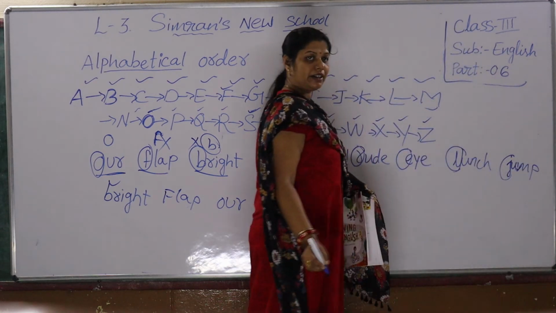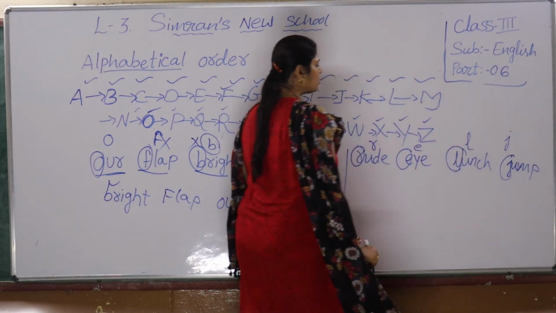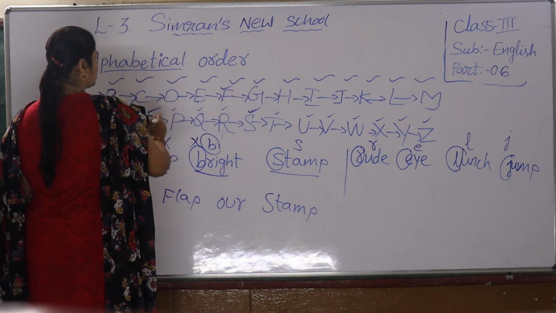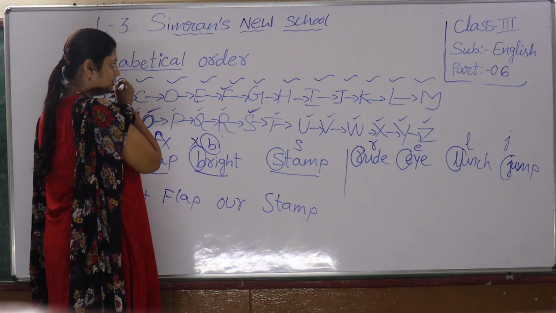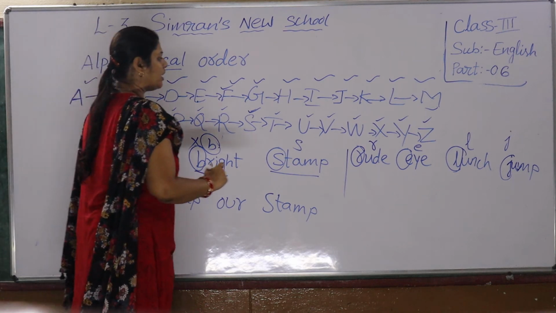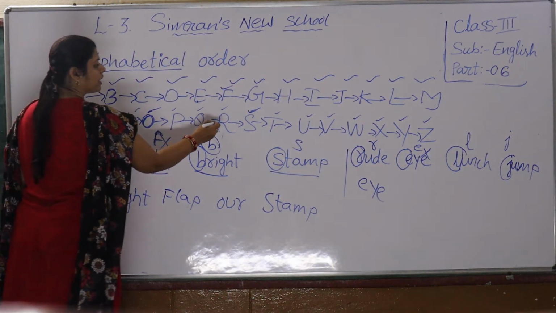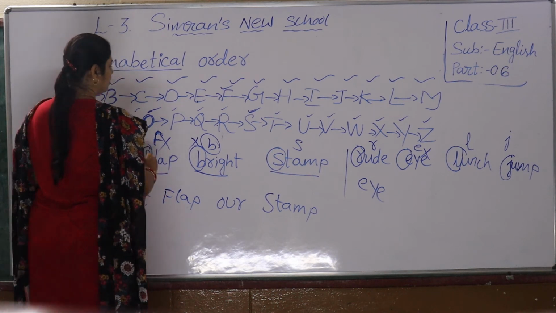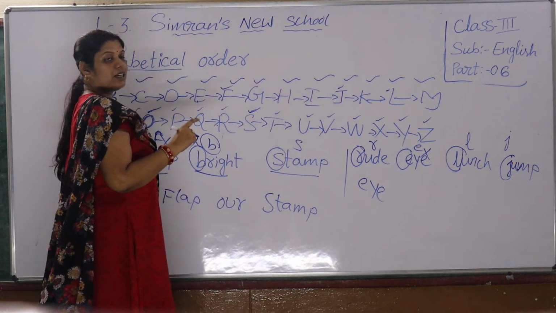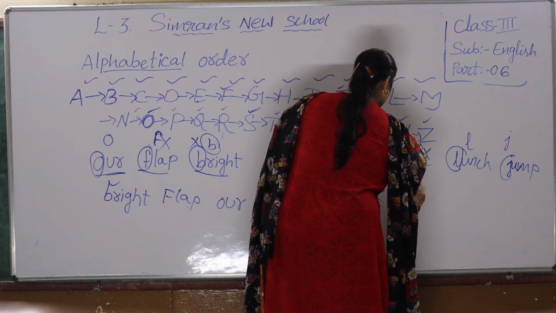If you see here, children, here R, here E, here L and here J. Which comes first? E comes first, so the first word will be E, and it is done. Then R, L, J: where does R come, where does L come, where does J come? J comes before L, so the second word will be jump.